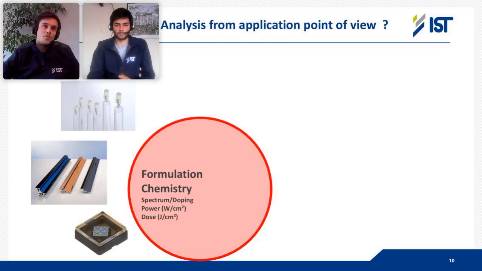And so a formulation will have specific needs depending on its components, like photoinitiators, resins, pigments, etc. And these needs can be the following: specific spectrum, spectrum sensitivity, peak power in watt per square centimeter, and also total energy needed, as we can call it, the dose in joule per square centimeter. And so here we already have some factors that will help us select the right technology.